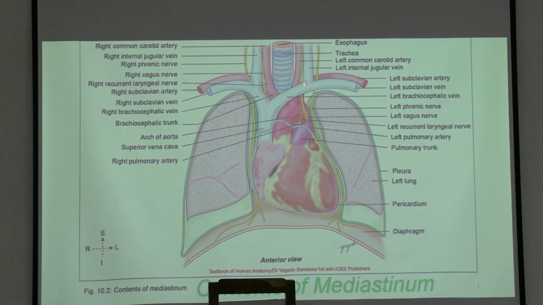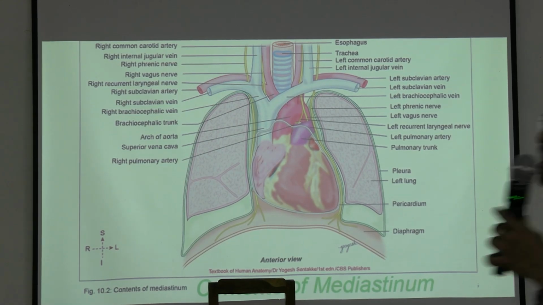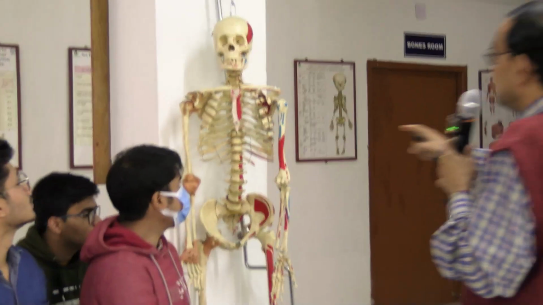Similarly, we will get the left brachiocephalic. And the right brachiocephalic and the left brachiocephalic join at the level of the first costal cartilage, where the first costal cartilage joins with the sternum.